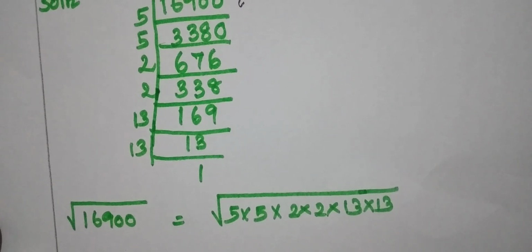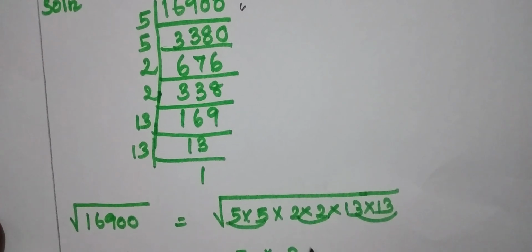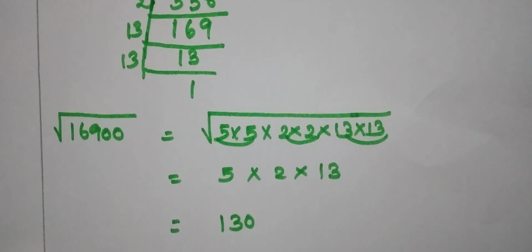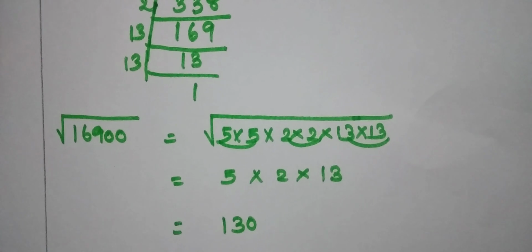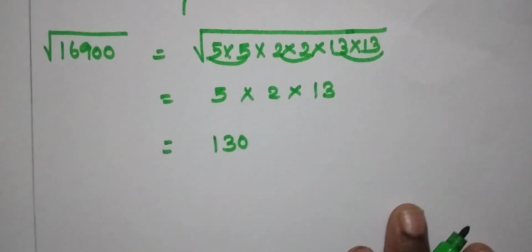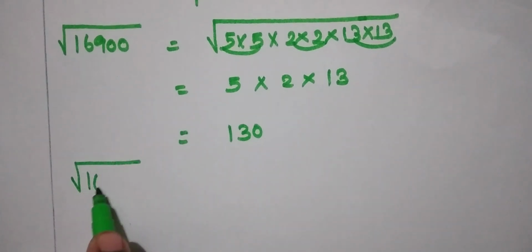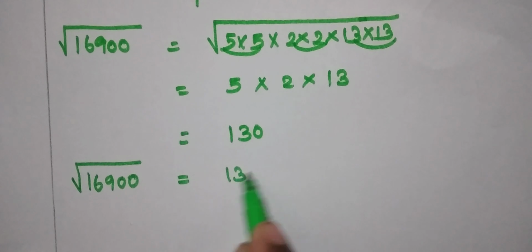So from each pair, select one prime factor. 5 into 2 into 13: 5 2s are 10. 10 into 13 is 130. So answer is root 16900 is equal to 130.